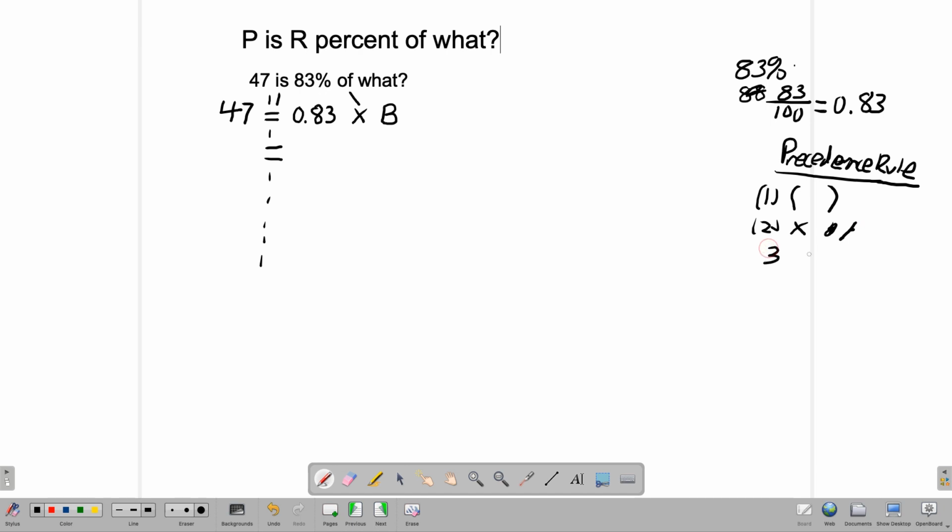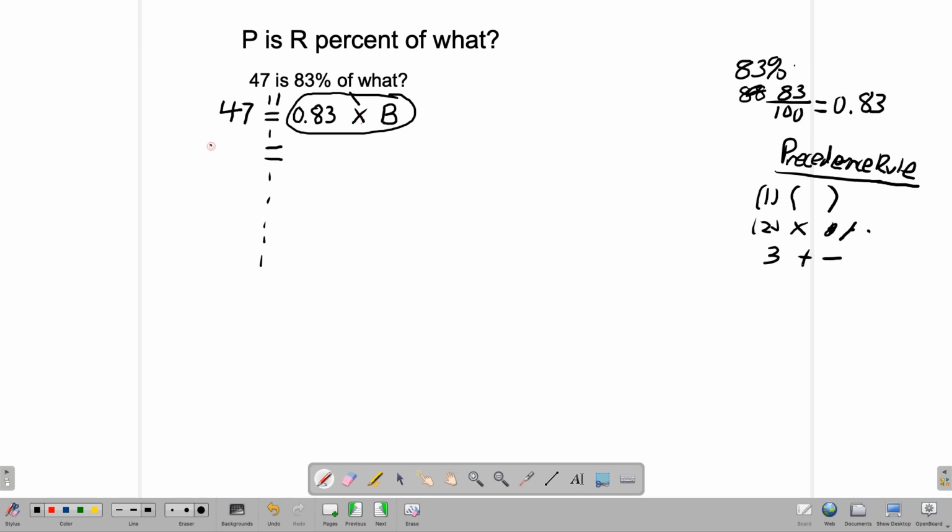And three, addition and subtraction. So what this says is that, with respect to the precedence rule, multiplication and division are pretty much the inverse of each other. So here we have a case where we got 83 times b, with a multiplier symbol in here.